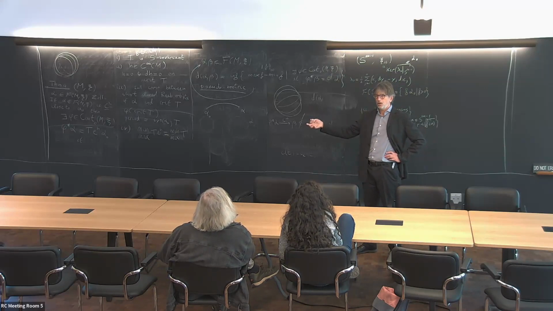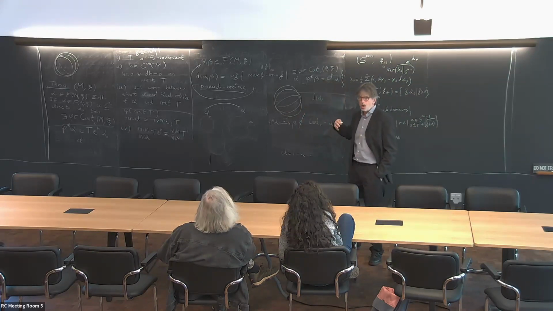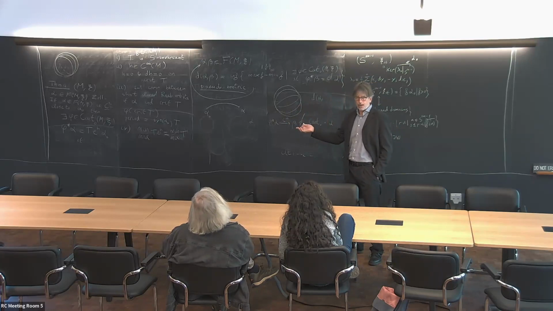But then you have many things which pass to the limit, for instance, all spectral invariants. So the new one will have all the same spectral invariants. All spectral invariants are usually C0 continuous, so they will be the same for this other thing. And so you need something which is fully determined by its spectral invariants.